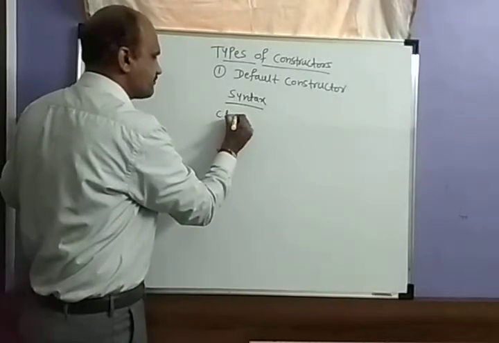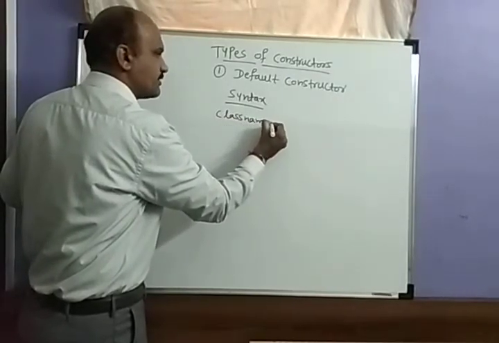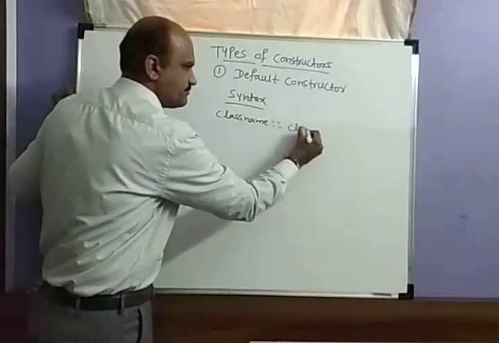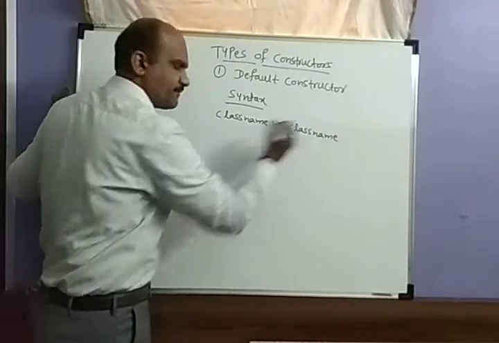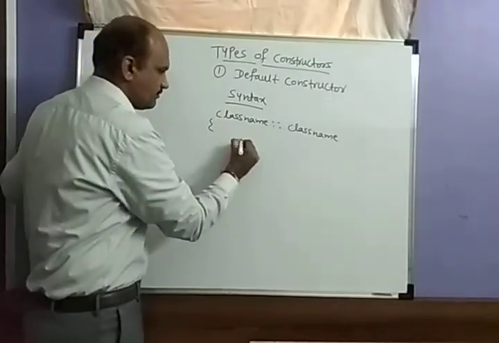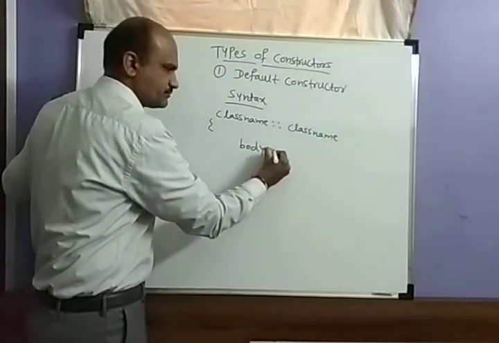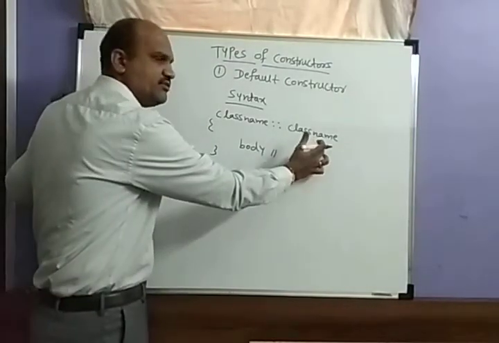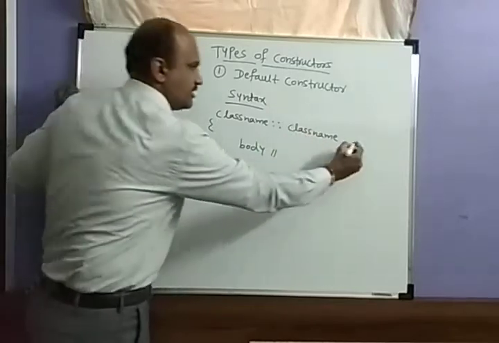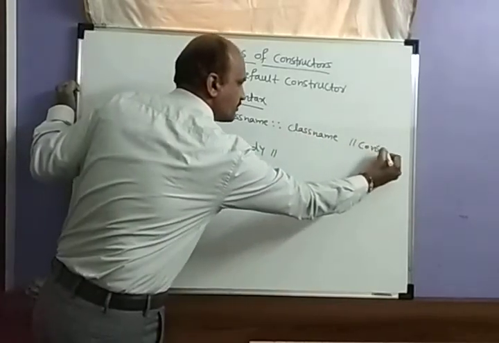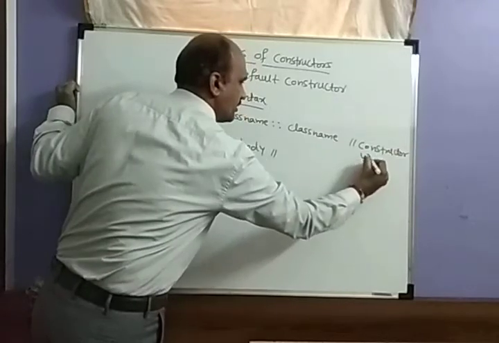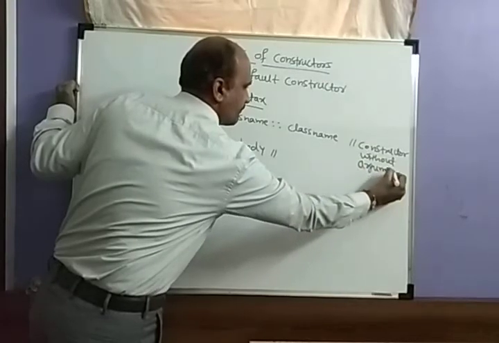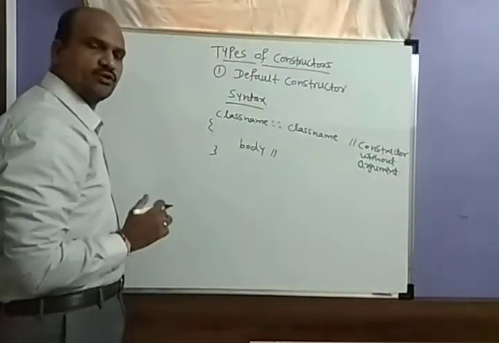So the class name, then the scope resolution operator, then again the class name, then you have the body, whatever you want to write, then close the brace. So this is the constructor without any argument, which doesn't have any arguments.